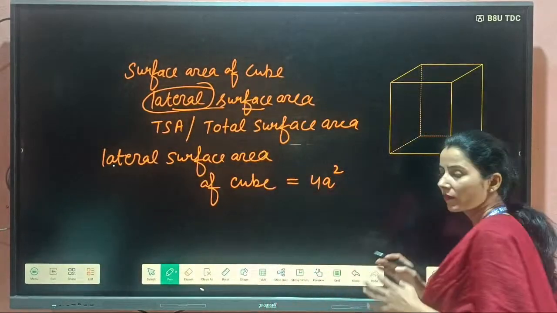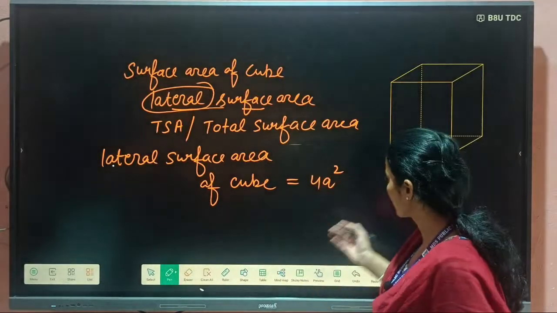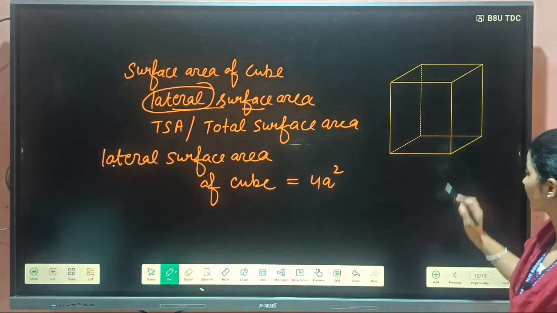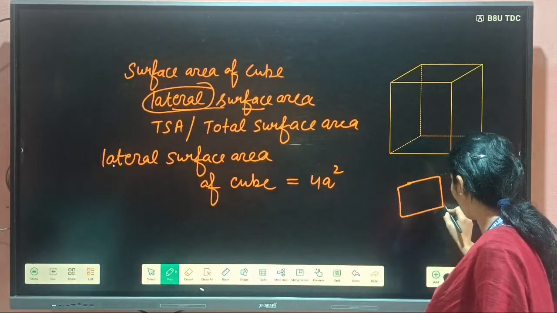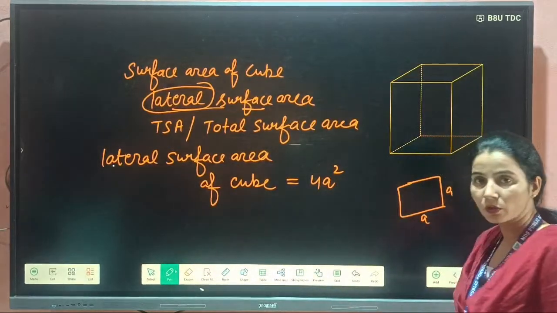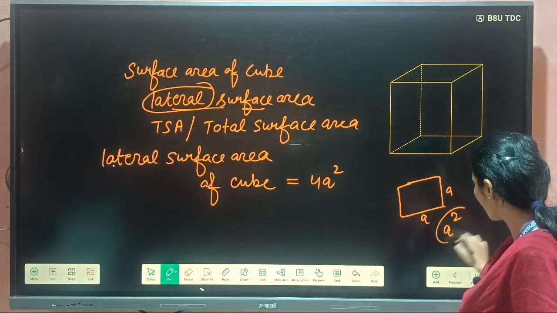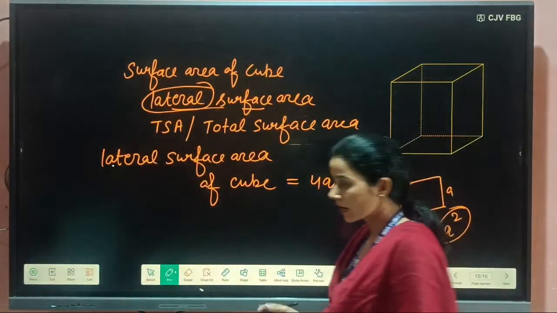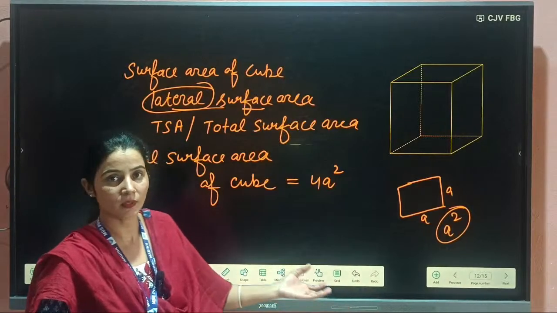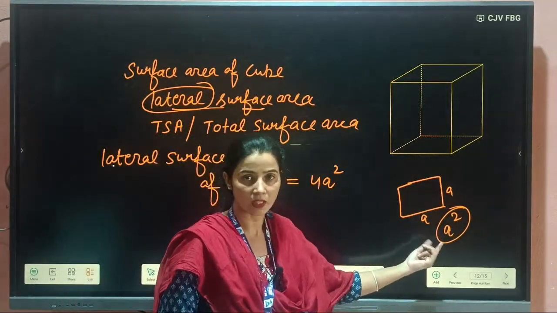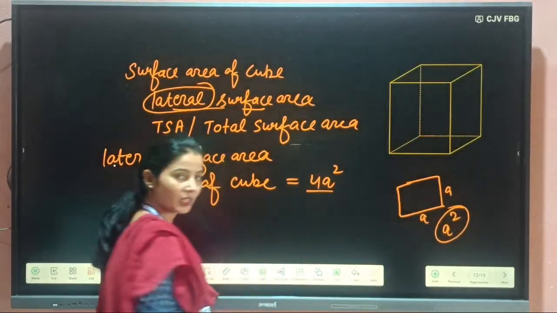We know all faces of cube are in square shape. How can we find the area of one square face? We know all its sides are equal, so a into a, that is a square. All faces are equal and square in shape, so area of one face is a square. Then if you add the area of 4 faces, you will get 4a square.